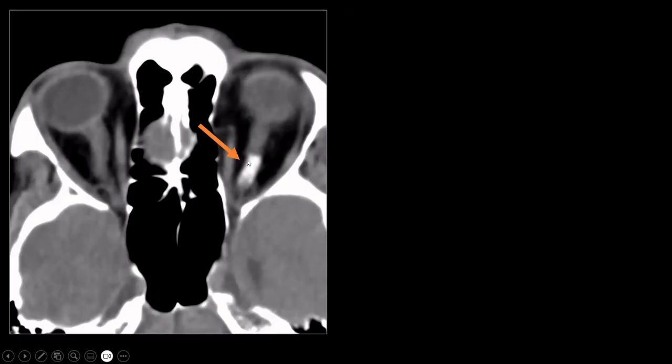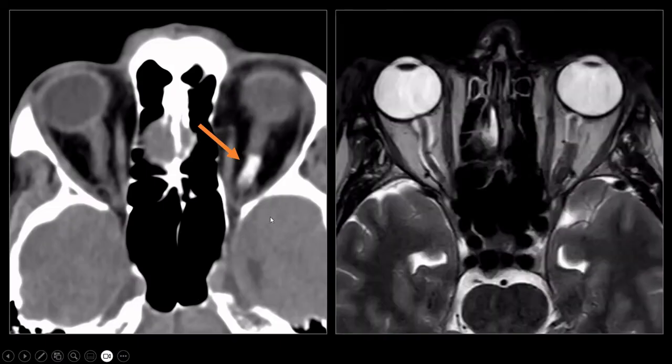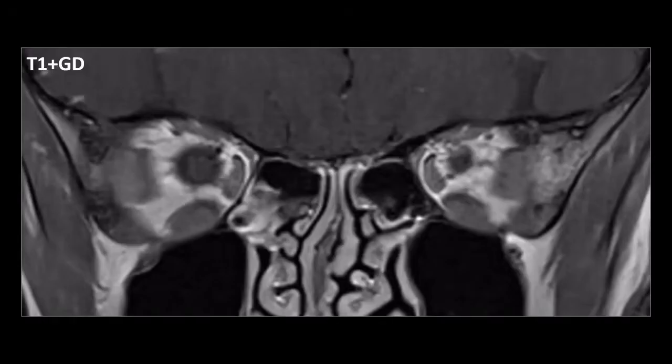It looks as if the optic nerve is replaced by calcifications. That's not the case. That's just because the dura completely encircles the optic nerve, and this is probably some kind of partial volume effect. And we can see absence of the normal subarachnoid spaces surrounding the optic nerve on this T2 weighted MR image over here. So another nice, well, not for the patient, but from a radiological point of view, optic nerve meningioma.